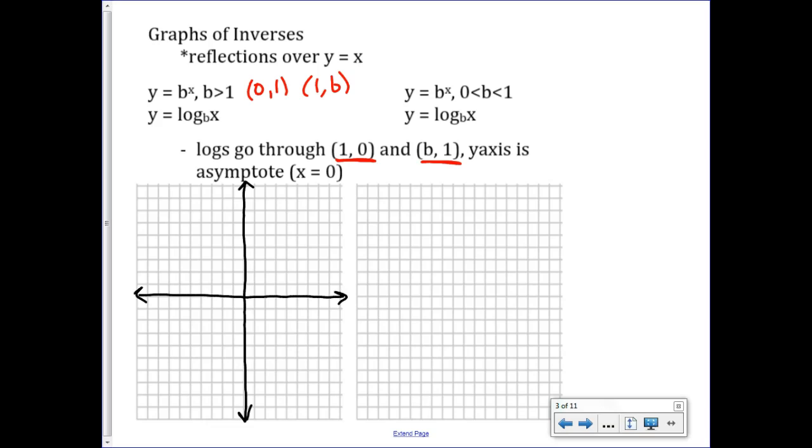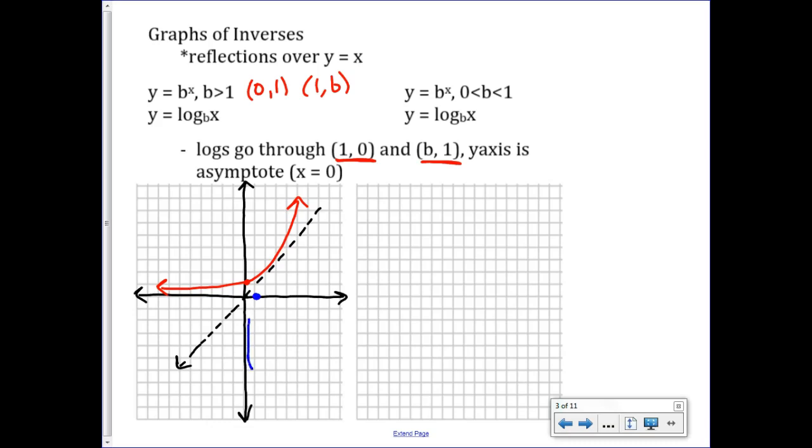So for this first one, I'm at (0, 1). Exponential growth, which is what this first one is, looks like this. So then if I'm reflecting over the y equals x line here, then I'm at (1, 0), and it's going to do the same kind of thing here.